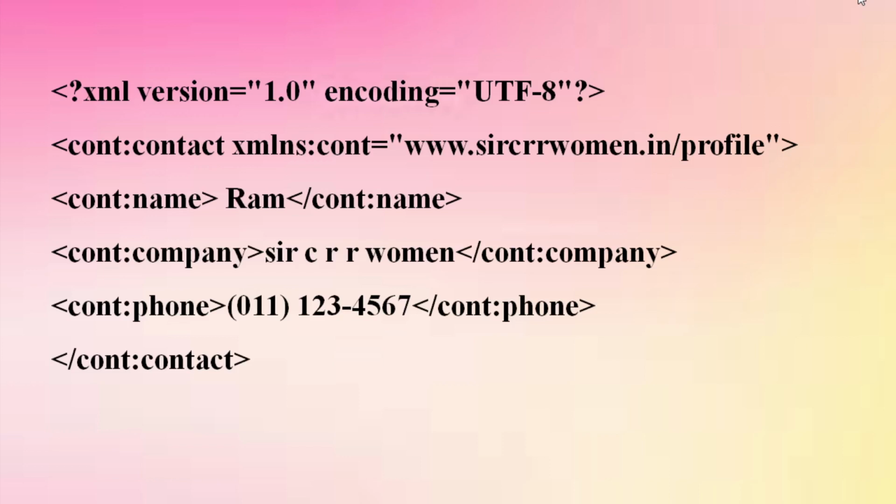And an identifier with CONT equals to, and these namespaces should begin with a namespace string followed by a colon. Our namespace string is contact, and it should be represented with xmlns:contact equals to namespace identifier.